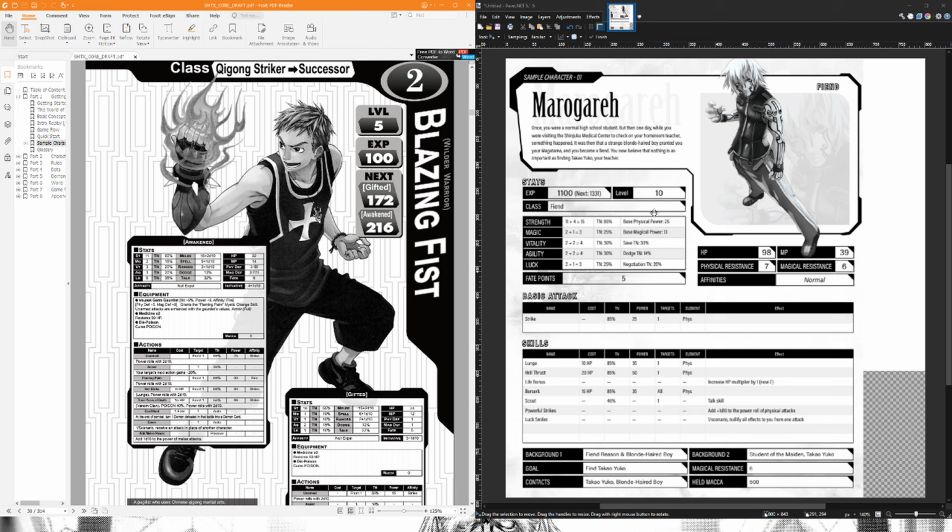Looks like it's not even written on the sheet, which is fine. It's whatever. Because I think it's just the agility. In 2000X, it is the average of the character's level and their agility. I'm not sure why they changed that. Probably just to have more influence on level.